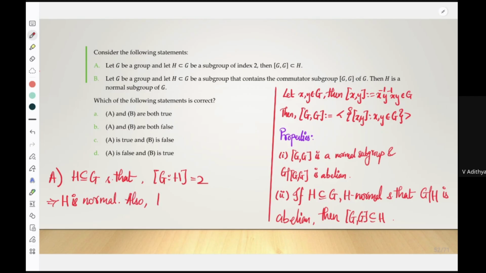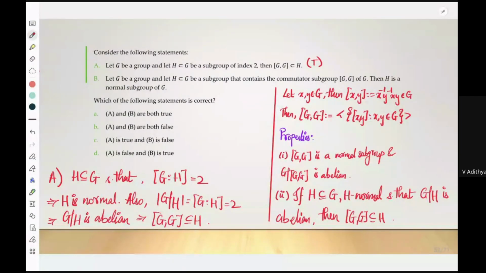Also, what is the order of G mod H? Which is basically the index, and this is 2. This implies G mod H is abelian. So the commutator subgroup is contained in H. So A is actually true.